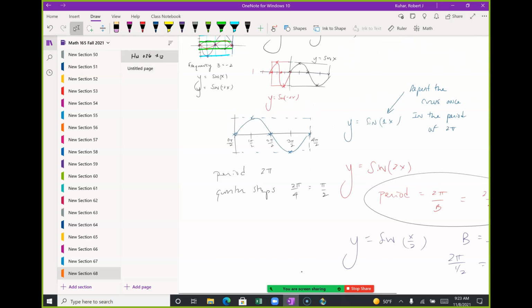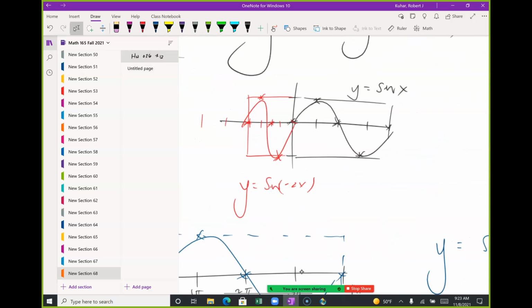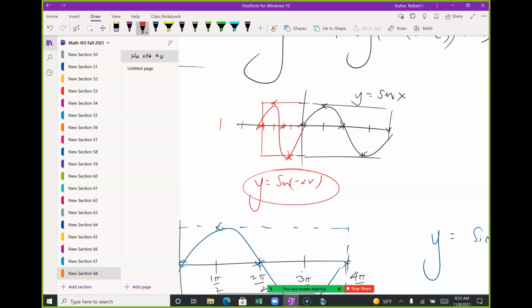Remember I said if b is positive, we're working to the right or counterclockwise in the circle, and if b is negative, we're working left or clockwise on the circle.